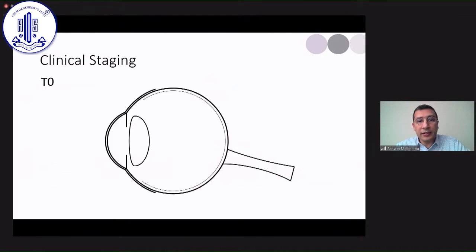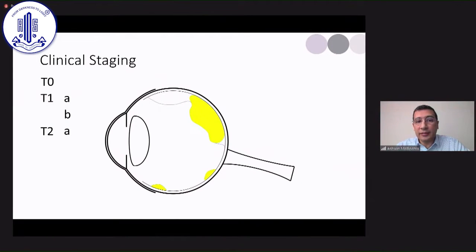So just to break it down a little bit, this is only the clinical staging system, where T0 is an eye which has no tumor. T1A is a small tumor, and if a small tumor is closer to the disc, it's T1B. And if it's an even larger tumor, or even closer to the macula, it could be T1B.